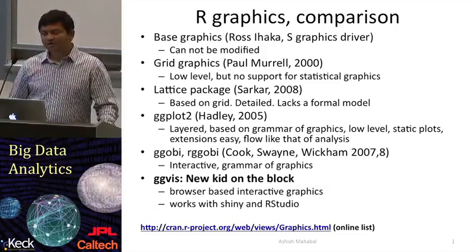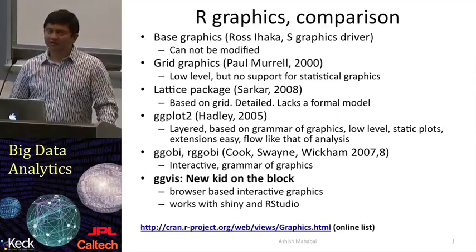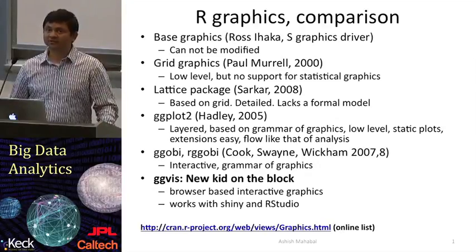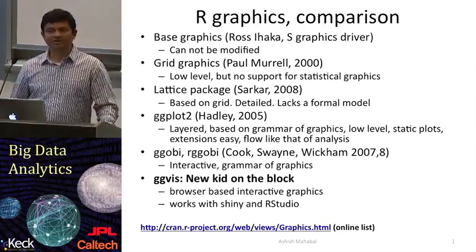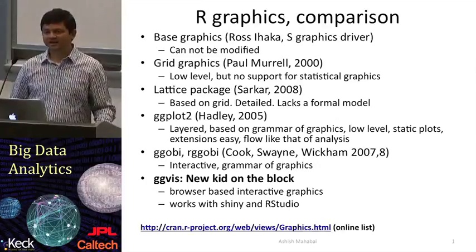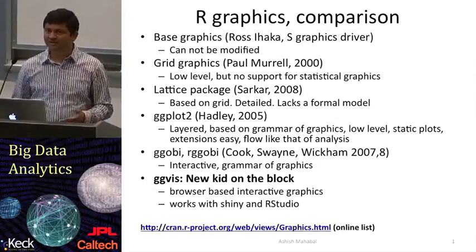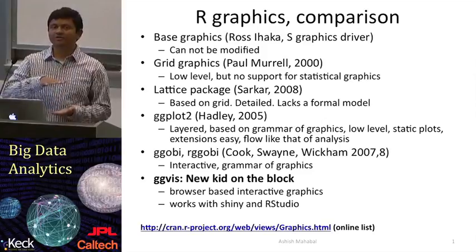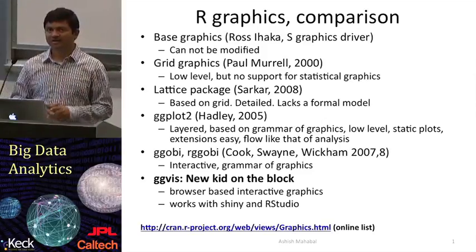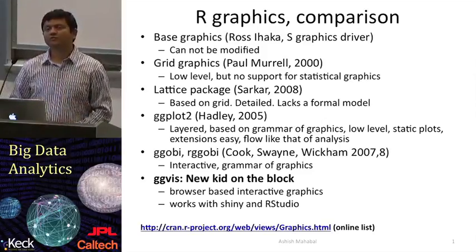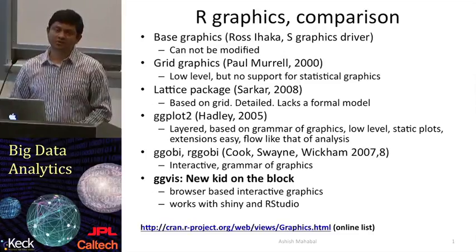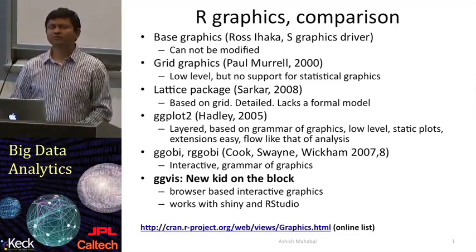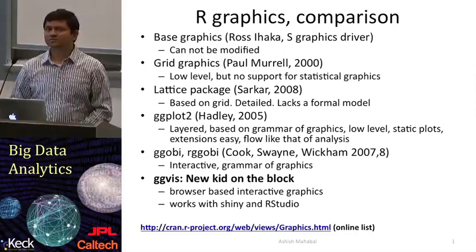The most important thing, however, is that the flow of ggplot2 is like that of your analysis itself. Because it is layered, you can think of one thing at a time. You can start with one piece, you can build it, and then on top of that, you can build another layer, a third layer, and so on. So if you want to plot points, you plot points, and then you say, oh, but what we also need is to do some smoothing on this.